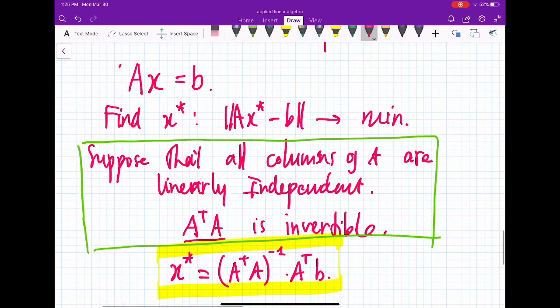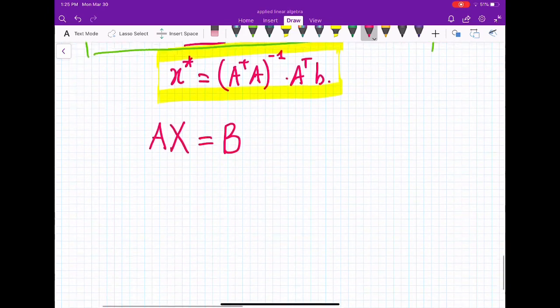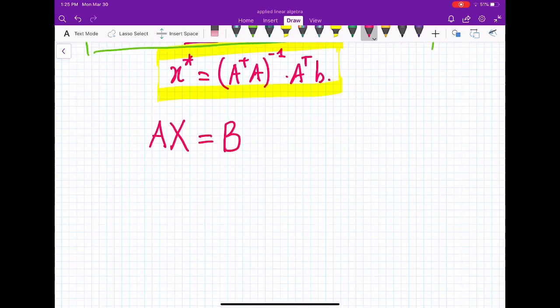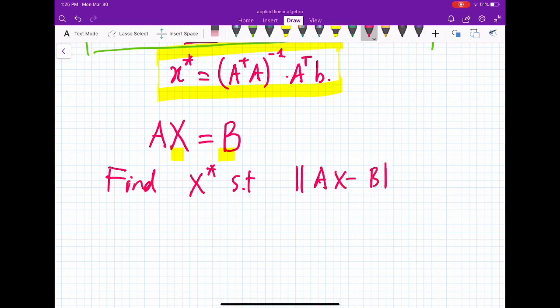But in that case, we have only one column in X and B. And now we have more than one column in X and B. So how to find a matrix X star such that the norm of AX minus B is minimum? That is our problem.